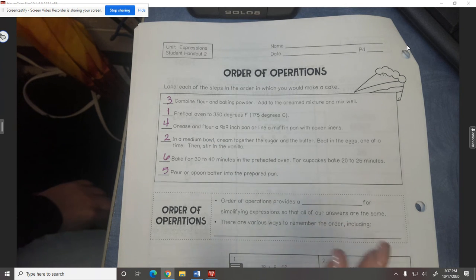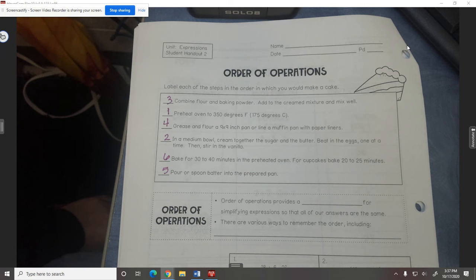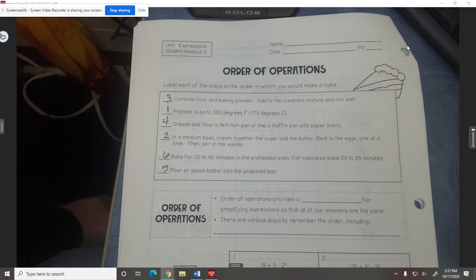So the purpose of this is not to make a cake, which if you're at home and you want to make a cake, go ahead and make a cake. But the purpose of this is to stop and think. If we move these steps out of order, let's say we never turned on the oven, and we did all these steps and then put it in the oven, but never preheated it. Are we ever going to be able to bake a cake? No, we're not. If I mix it all up but never put it in the oven, it's not going to work either.